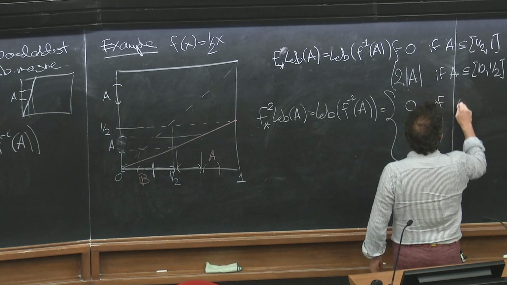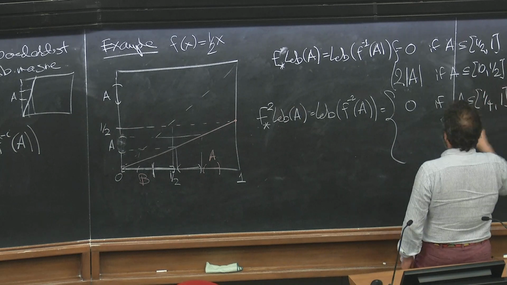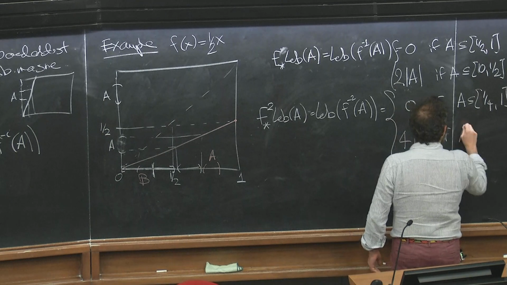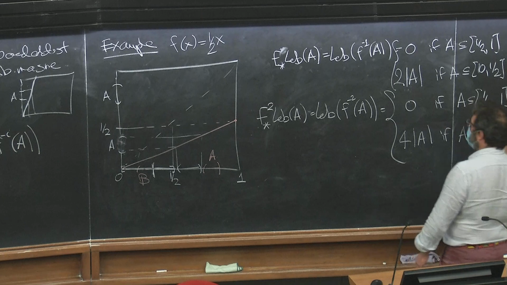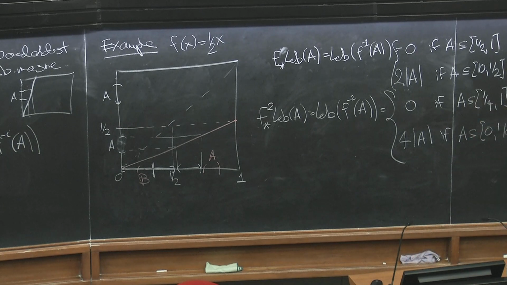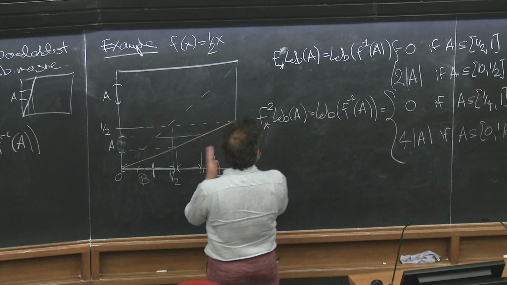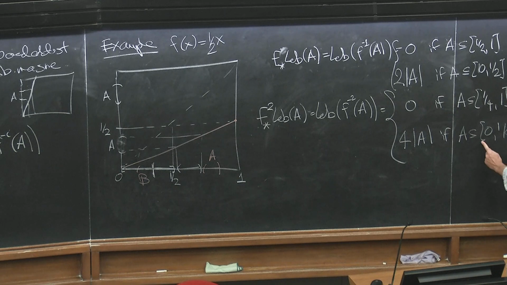So it turns out that it gives 0 measure to the interval 1/4, 1, and is equal to 4 times the Lebesgue measure of A if A is in 0, 1/4. Okay? And you can easily generalize this, right? So you have a sequence of measures. Each one is a probability measure, because if you plug in this interval into here, you get 1. So the measure of the whole space is always 1.